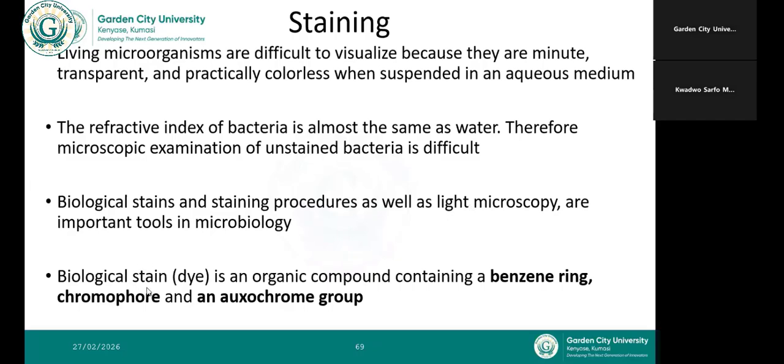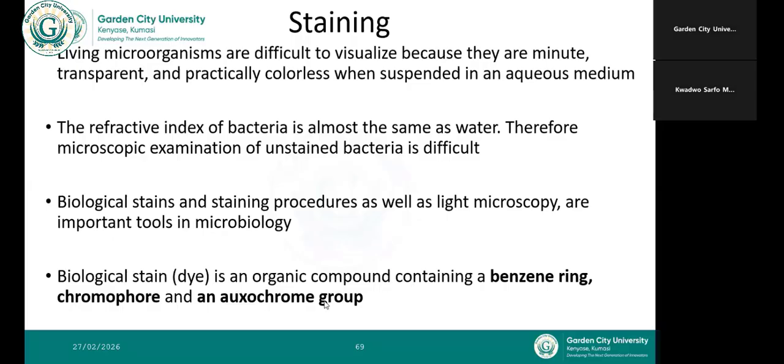So when you talk of a biological stain or dye, it has three components. It has an organic solvent containing a benzene ring. It has a chromophore that imparts color to the organic compound.